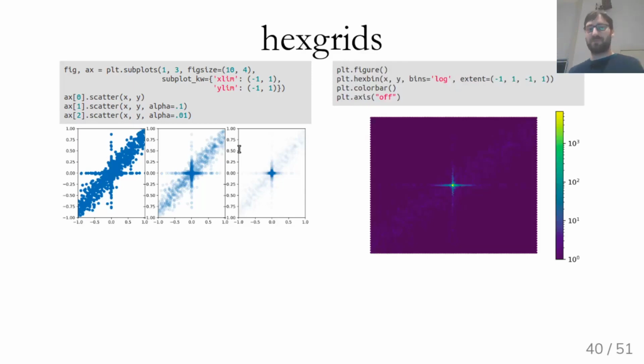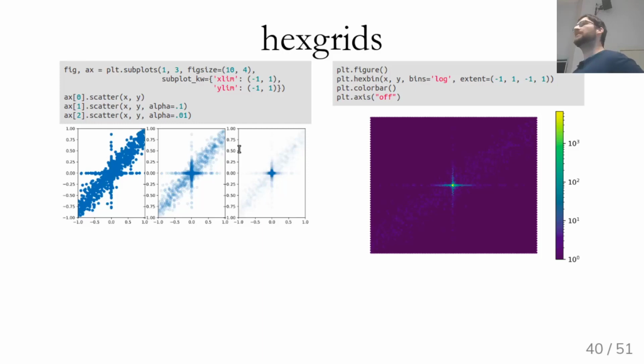So my favorite thing is hex grids. What hex grids do is basically 2D binning. You compute a density map.